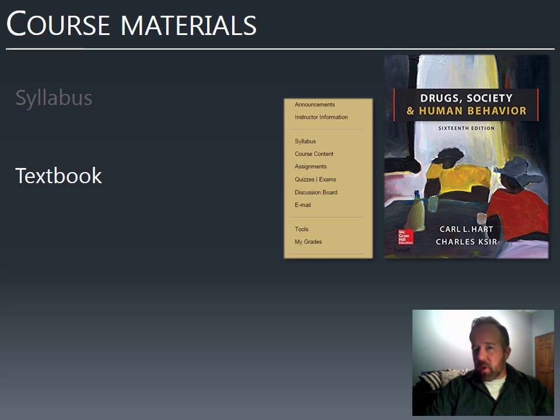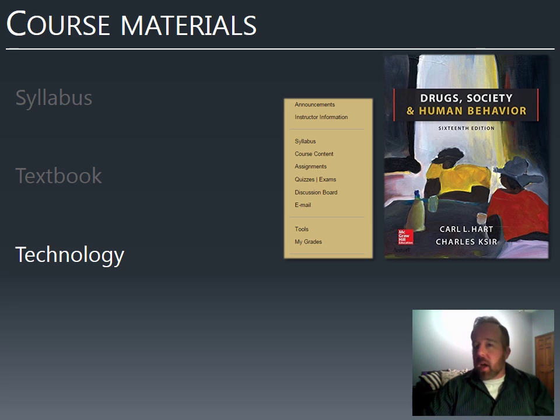The material is more or less settled. What will change are things like the figures and the page numbers, for example. So in the syllabus, chapters are according to the 16th edition. Be sure and be aware of that. Material should be more or less the same between the 15th and 16th, though, if you need to use the 15th. I would, of course, recommend using the 16th. That's the version I'll be using for class.